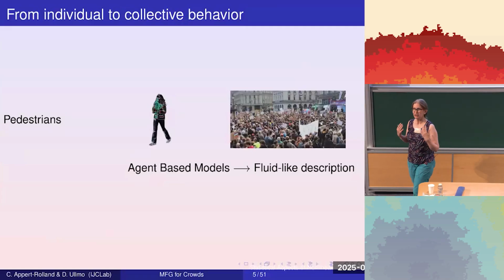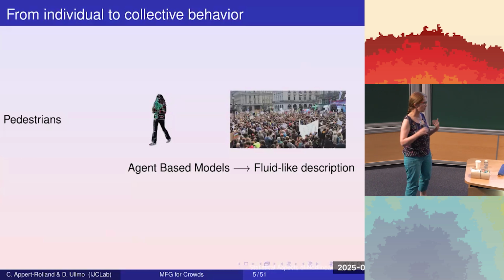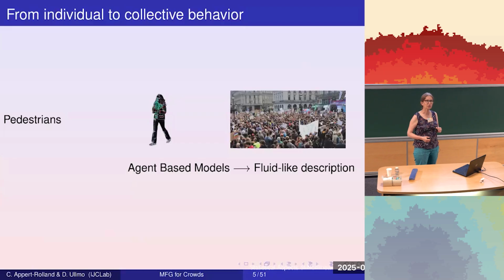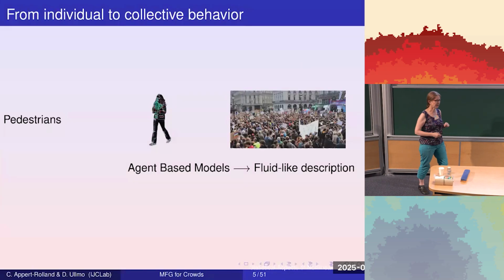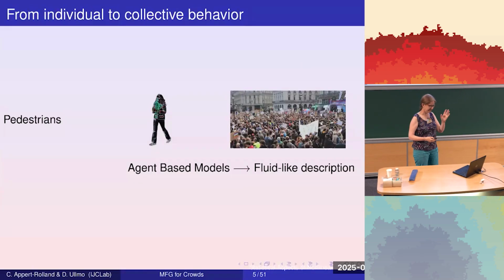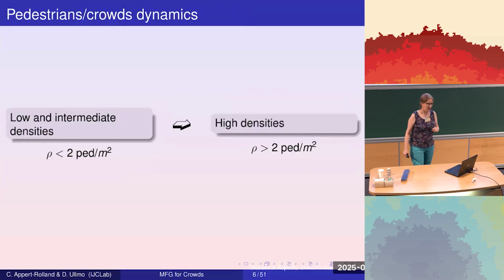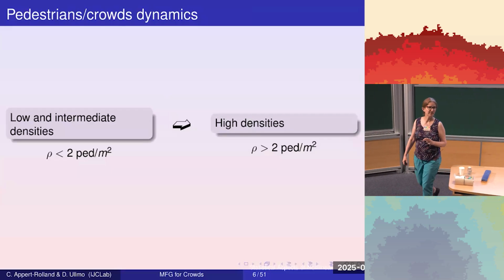When it comes to modeling the system, we have a choice to look at it from the agent-based point of view or a fluid-like description. What I will present today is more on the macroscopic side, though it's related to the micro. An important thing in crowds is the density.